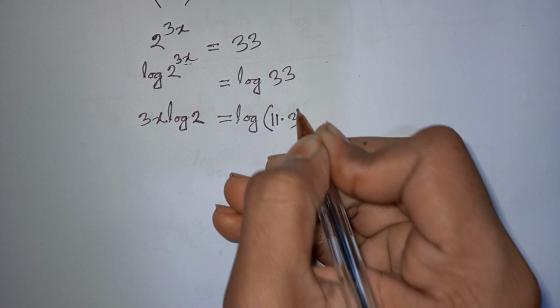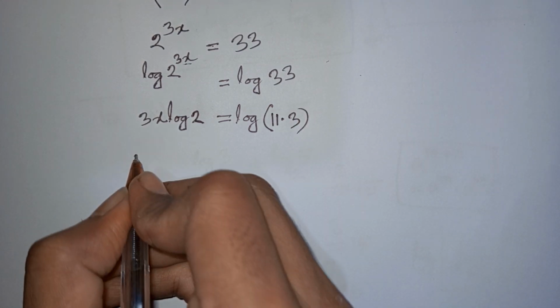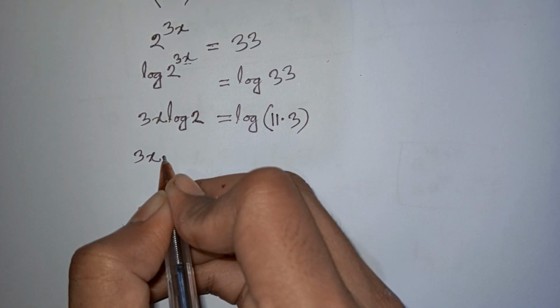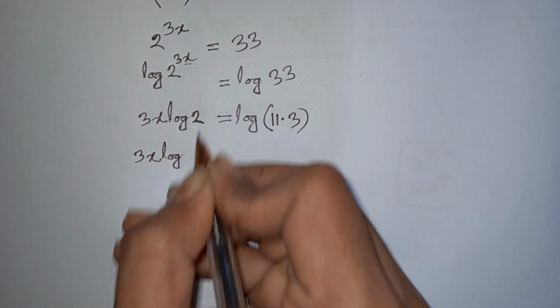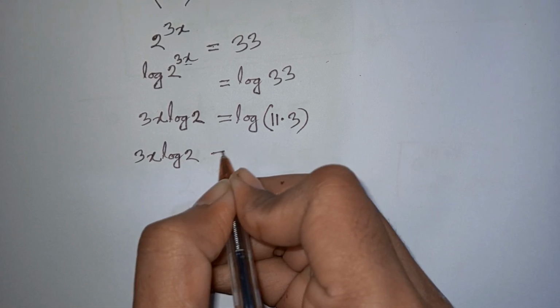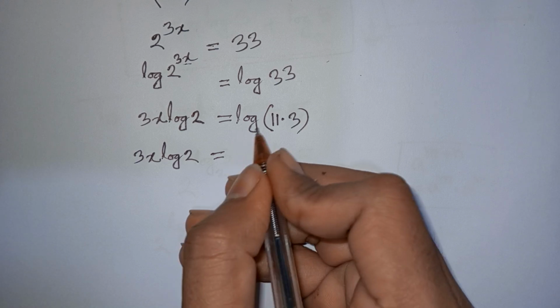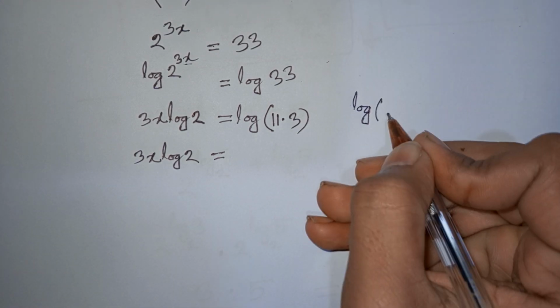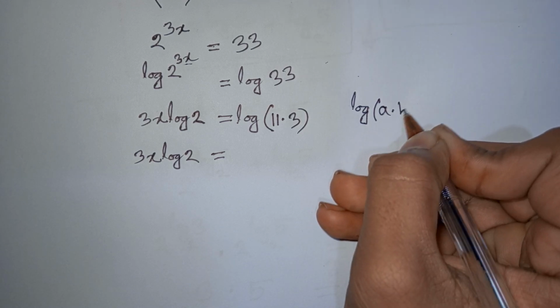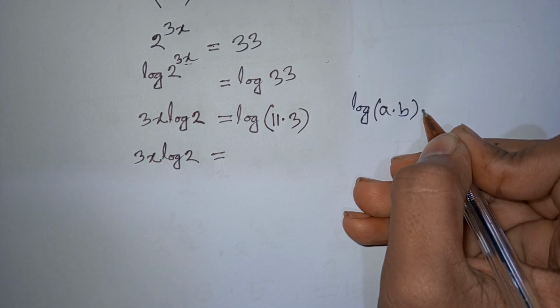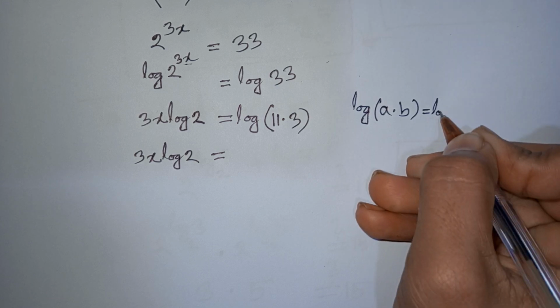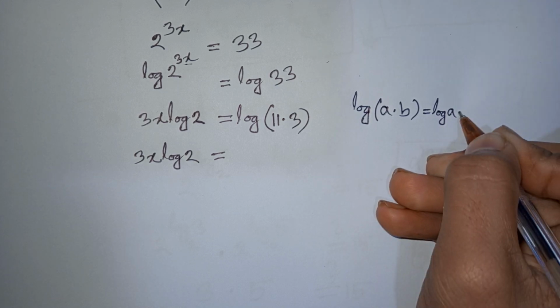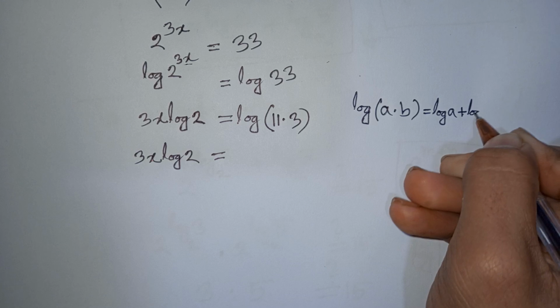Now, we have 3x log 2 is equal to, here I can apply the rule that log of a times b is equal to log a plus log b.